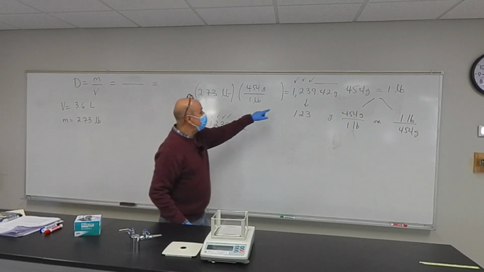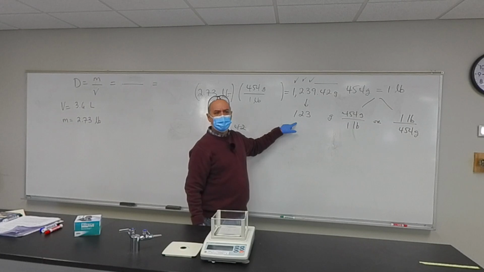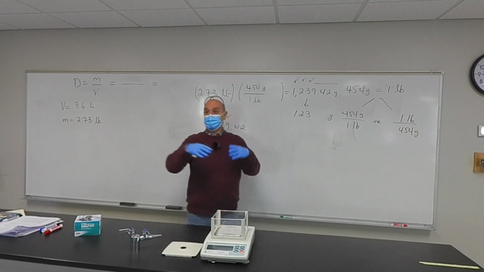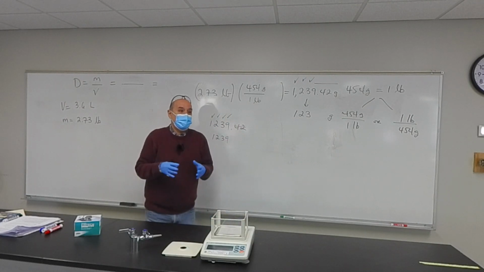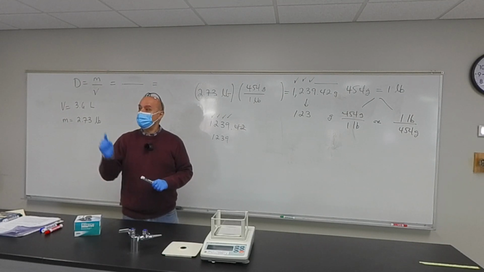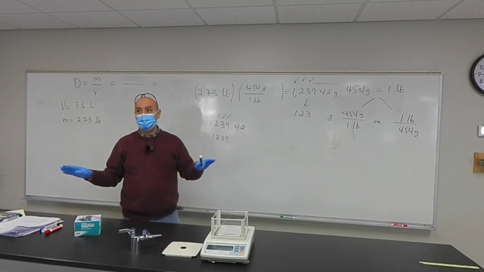The big problem is that this is 1,239. This is 123. It's 10 times smaller. We made a huge mistake. So the 0 is the magical placeholder that has no bearing in the number of significant digits.